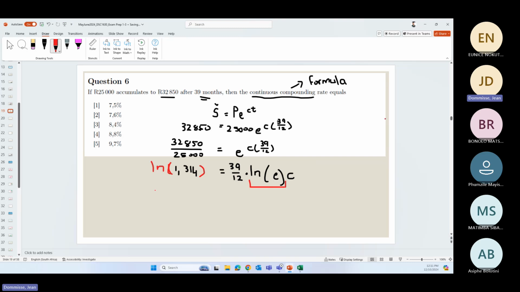But just remember, we need to do it on both sides. So I'm sitting here with ln 1.314 is equal to 39 over 12 times C. Then I want to get rid of the 39 over 12, so I will multiply both sides with 12 over 39.